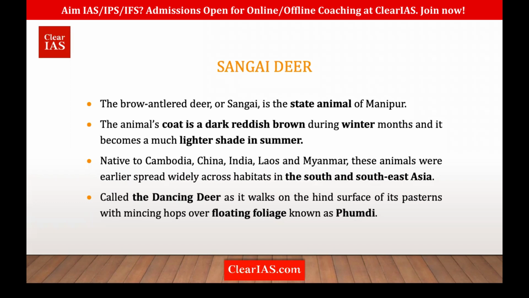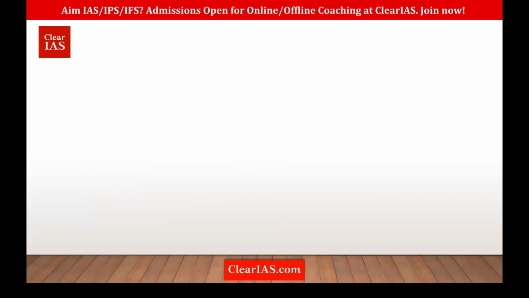So whenever it tries to walk, it seems like it is dancing on the fumdis, and that is why it is called the dancing deer. Okay, remember it is found only in Manipur in India, but it is also found in the Southeast Asian countries. And you must also know about fumdis.